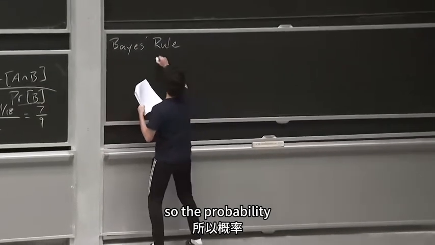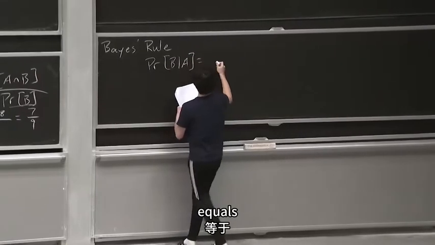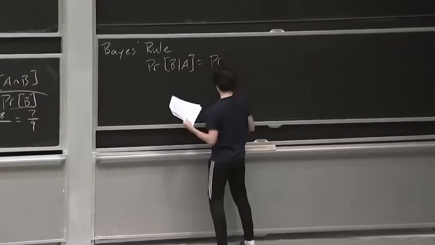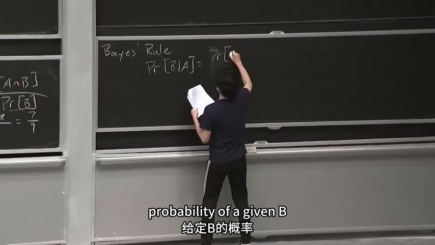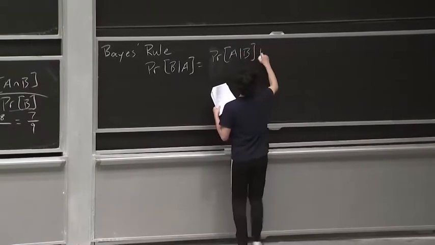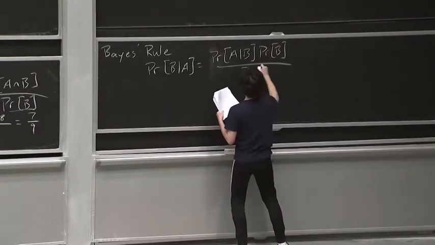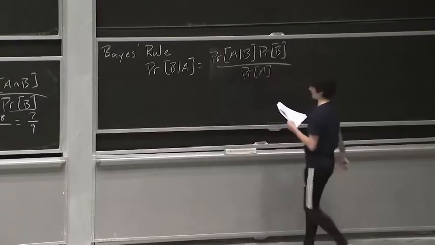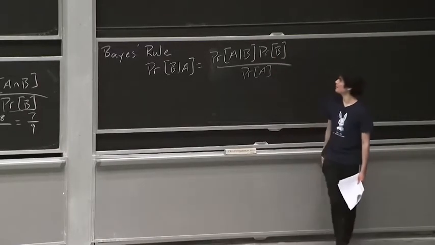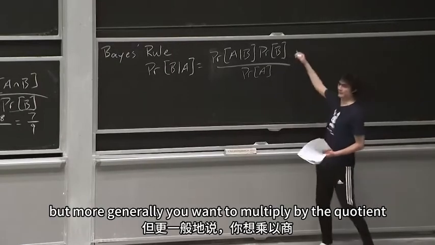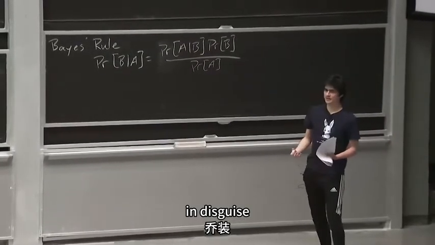So the probability of B given A equals the probability of A given B, times the probability of B, divided by the probability of A. Okay, so in the example we just saw, these two are the same, so they just cancel. But more generally, you want to multiply by the quotient.